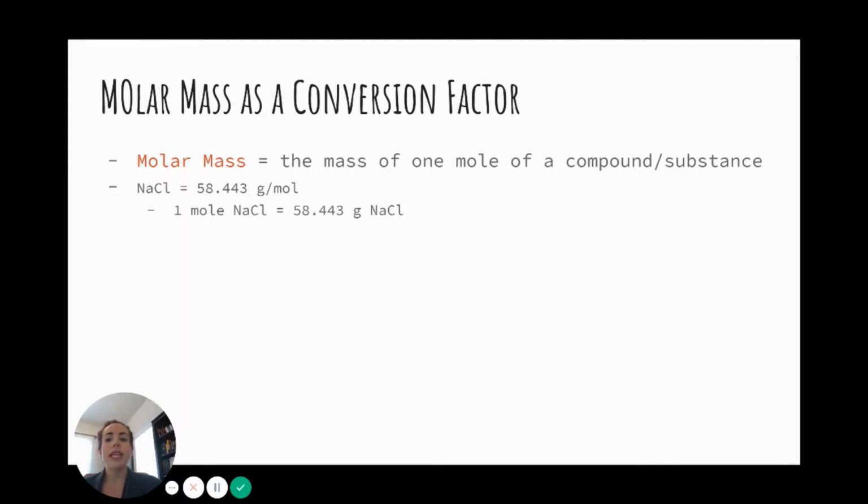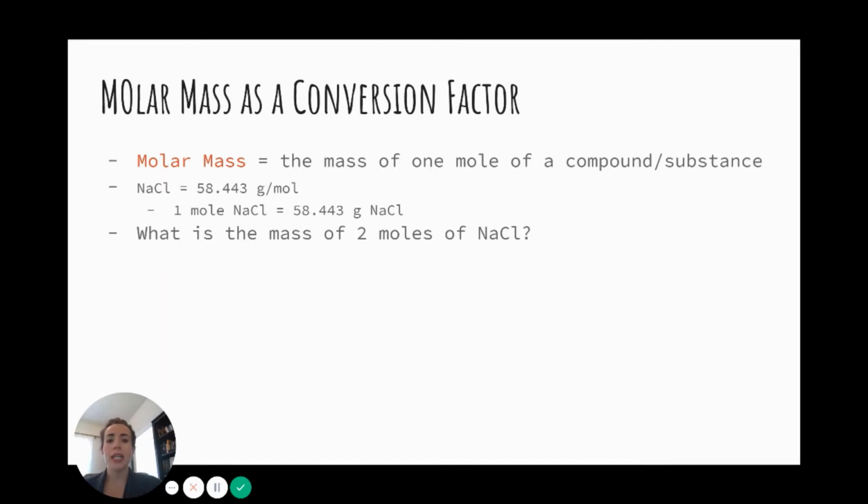Now, I went over this last week, and what we can say is that if I wanted to weigh out 1 mole of sodium chloride, it would weigh 58.443 grams. If I change the compound, it would have a different mass because it's composed of different atoms. So what if we had the mass of 2 moles of sodium chloride?